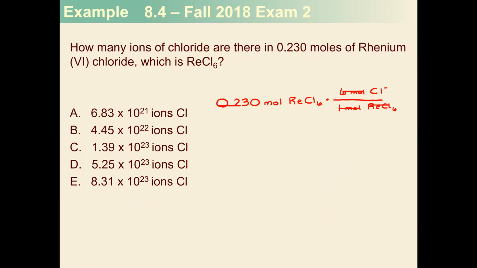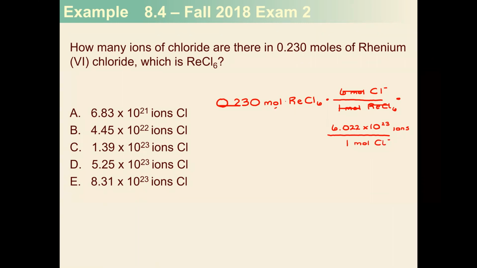Then what we can do, because now we have moles of chlorine, is that we can take this value and multiply it by our Avogadro's number. So that is 6.022 times 10 to the 23rd ions of our chloride for every 1 mole of our chloride.